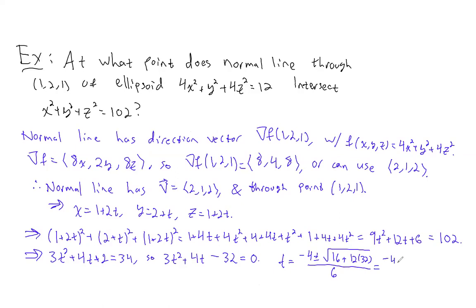This becomes negative 4 plus or minus 4 times the square root of 1 plus 12 times 2, so 24, over 6. Or in other words, negative 4 plus or minus 4 times 5, which is 20, over 6. And we're almost done. This, in other words, becomes either negative 4, or if it's positive 20, 20 minus 4 is 16, so either negative 4 or 8/3.